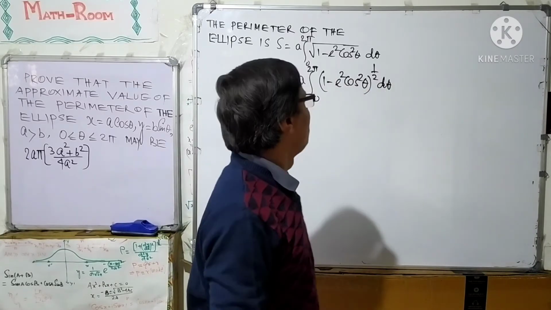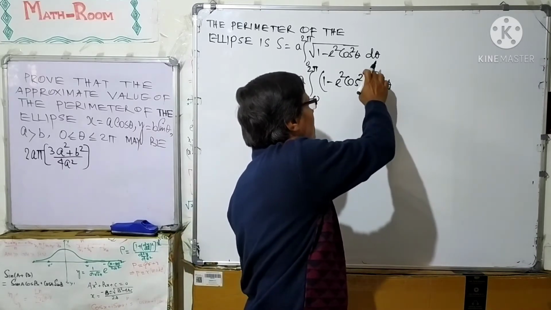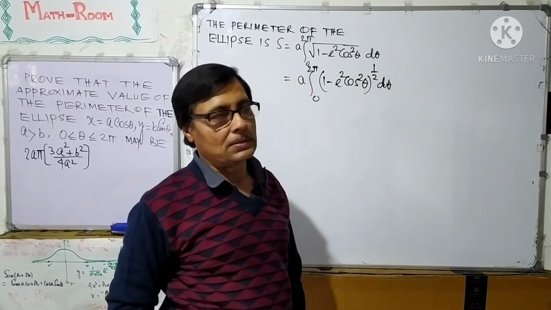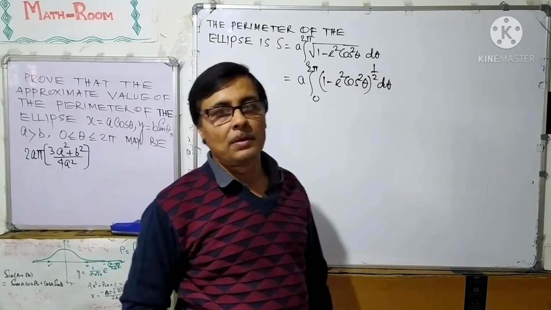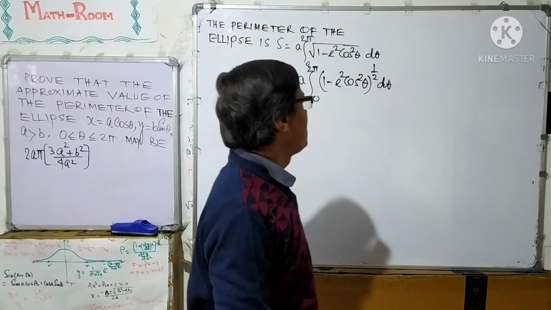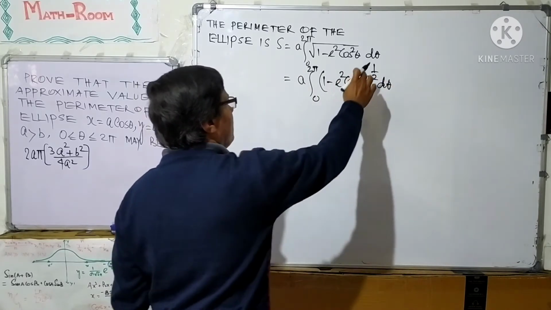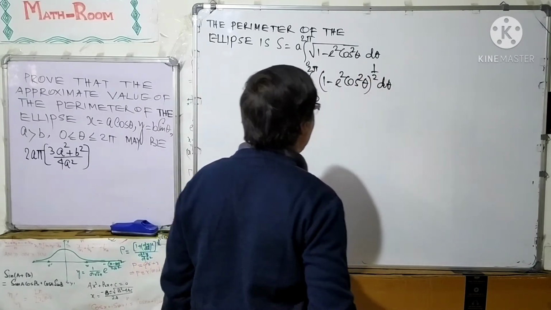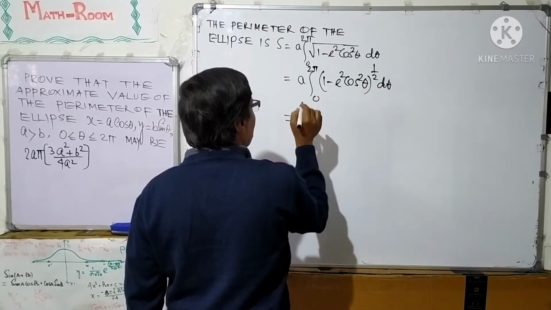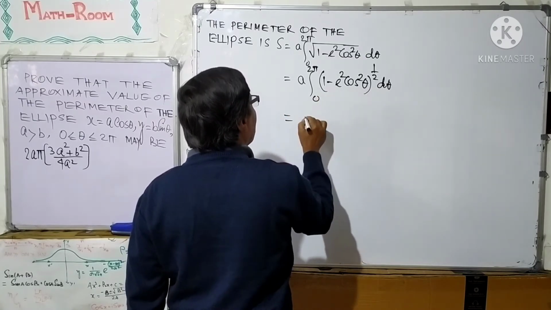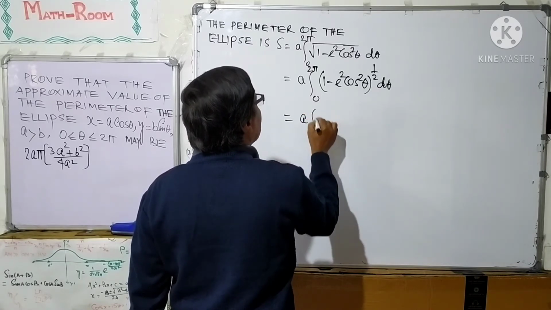Here the power is a fraction, that is half. As the power is a fraction, this expansion will be an infinite series. The binomial expansion will be an infinite series, because here the power is half. So we take the binomial expansion, which is an infinite series, from 0 to 2 pi.